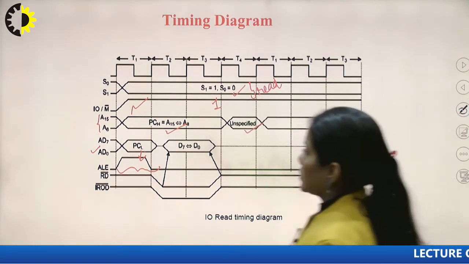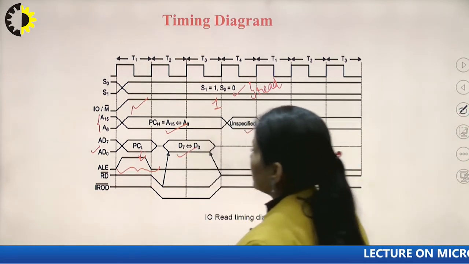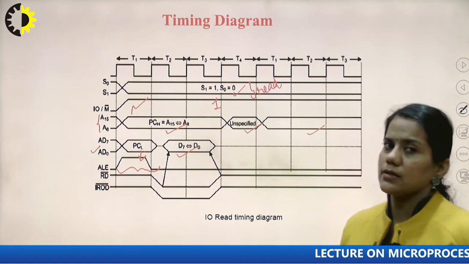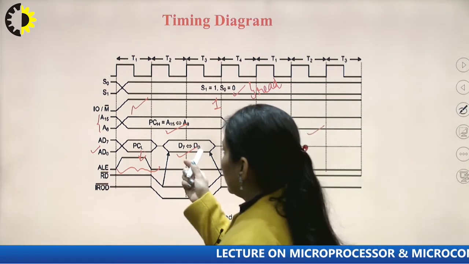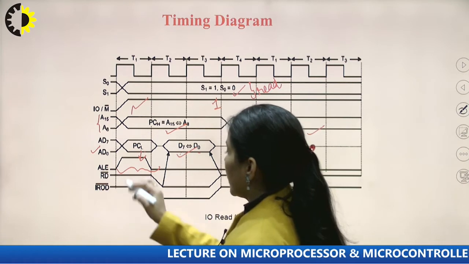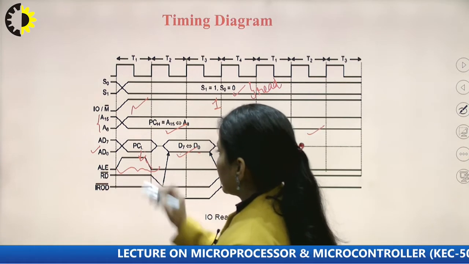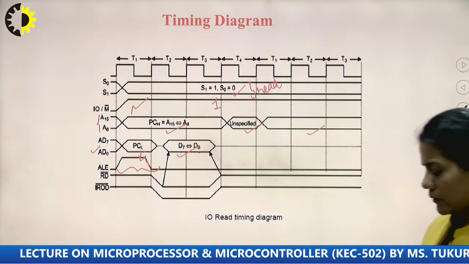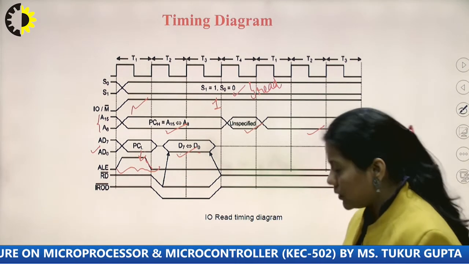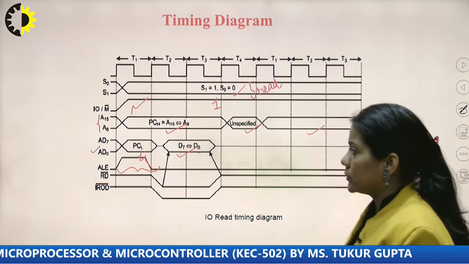After the T1 state, these multiplexed address and data lines are used to carry the data D0 to D7, and during this, address latch enable is deactivated, because now AD0 to AD7 lines are used to carry the data, not the address.